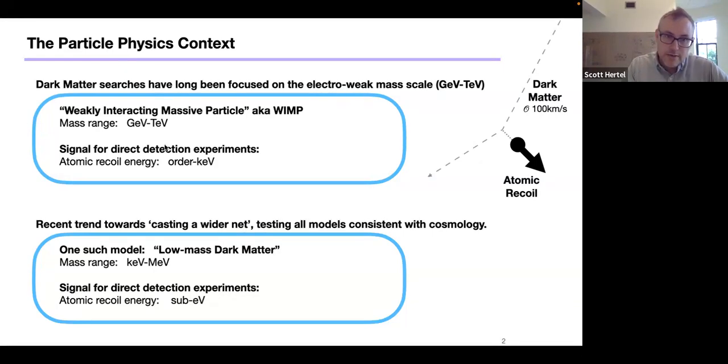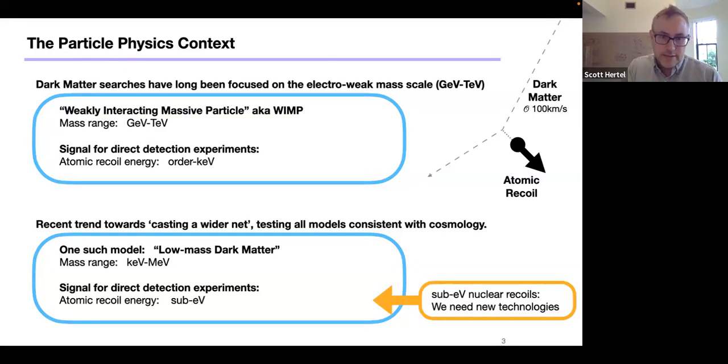One such model is to drop the mass of the thing that we've been looking for over decades and look at the mass range of 1 keV to MeV scale, maybe 10 or 100 MeV. The signal there is going to be the same thing, a recoiling atom, but the energy will be dropped accordingly. So now it will be in the sub-eV regime.